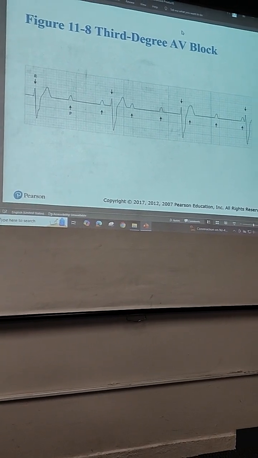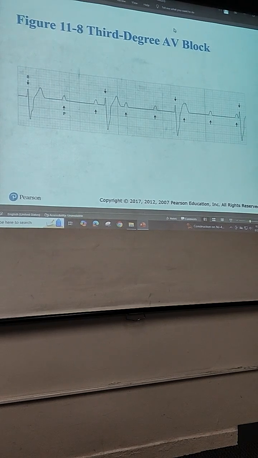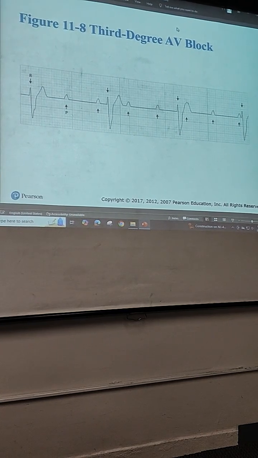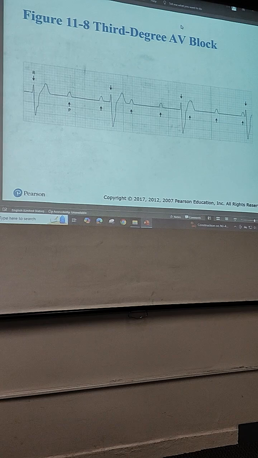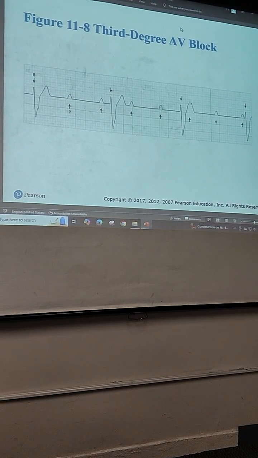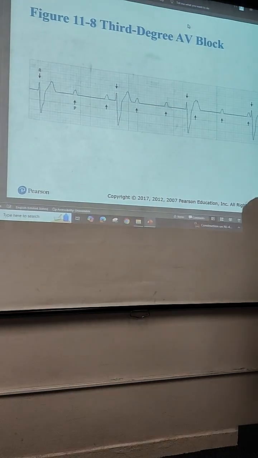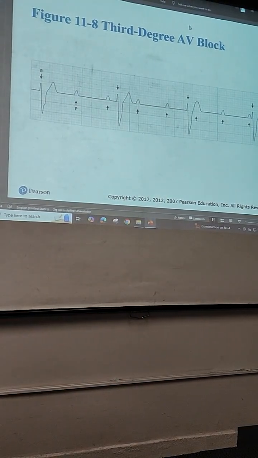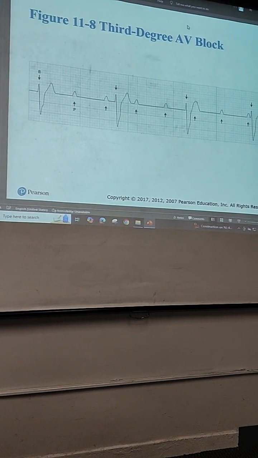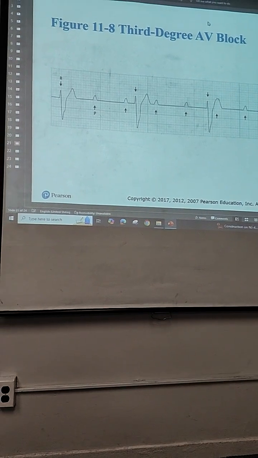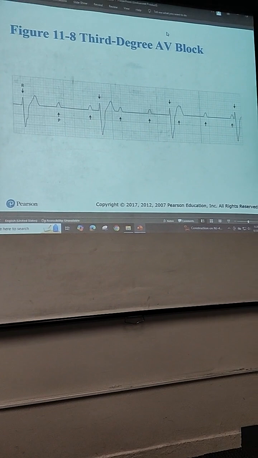So it's producing the P. Third degree, always think about how many P's are before a QRS, and there are QRSs that are dropped. That's it. You're going to be seeing something very similar to this.